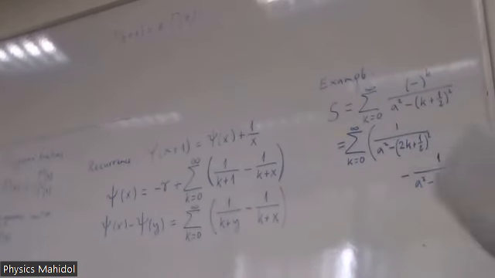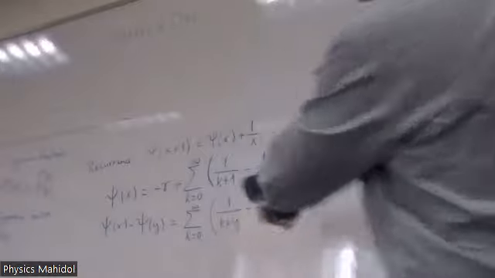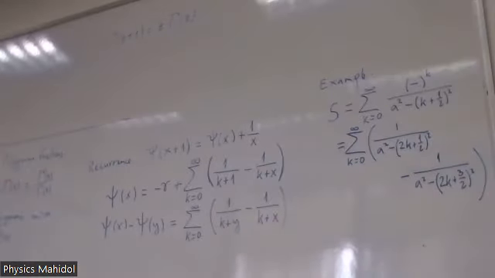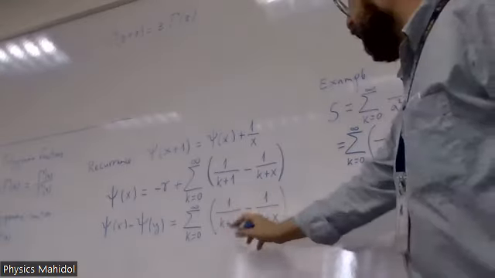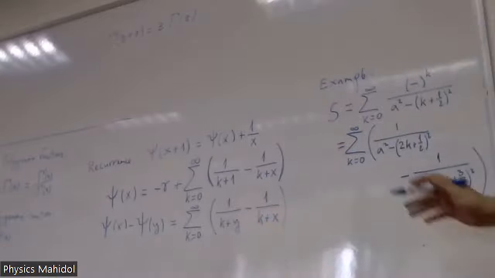Okay. So now comparing this with the digamma function, it's not exactly the same, because here we have k plus the variable x, k plus the variable y.